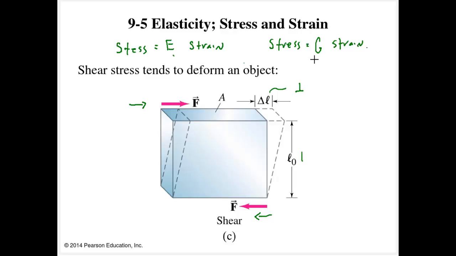E and G are similar and in some ways related, however these are different, and in general this G value, the shear modulus, tends to be about a half to a third of Young's modulus.